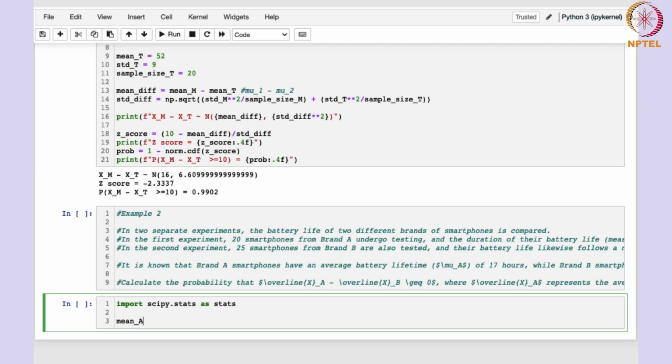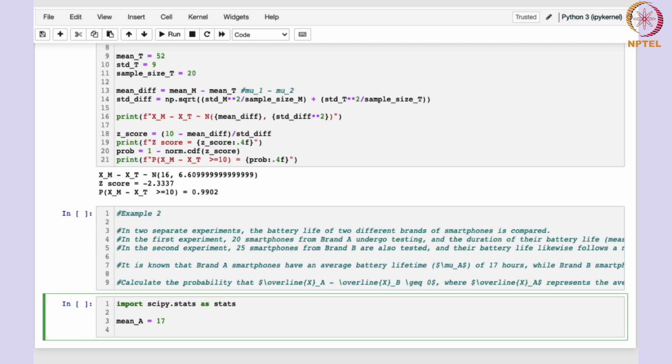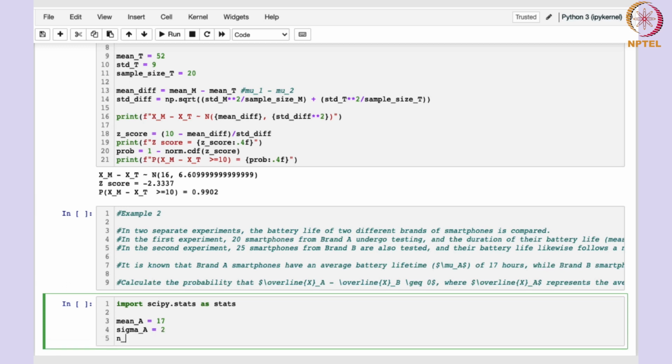So for that you can write mean_A is equal to, here it is given as 17, and the sigma. We can just write sigma because in both cases sigma will be the same, so maybe we can just repeat it. Sigma A is given to us as 2, and NA, the sample size, is 20 in this case, and in the other one it is 25.